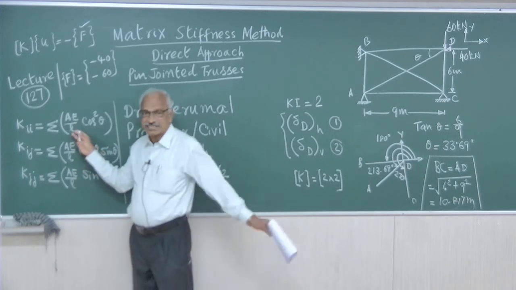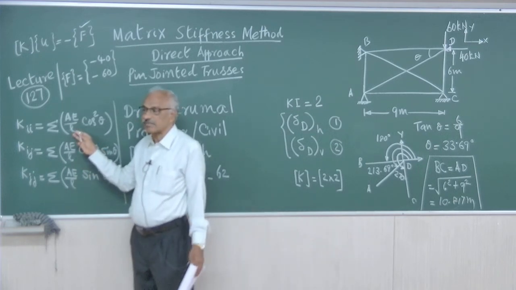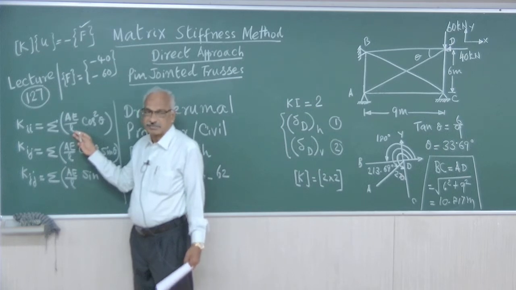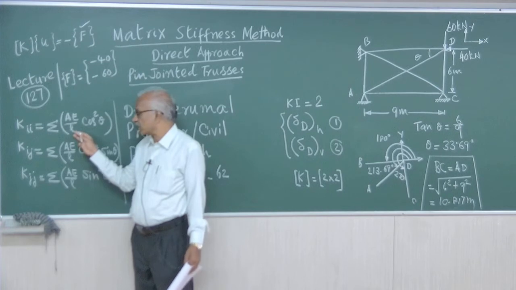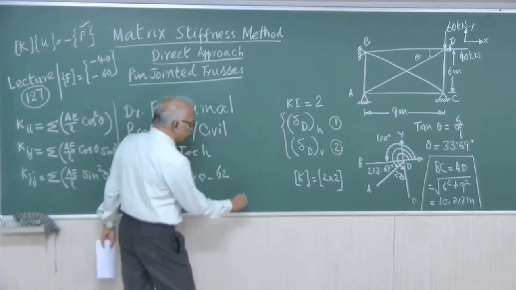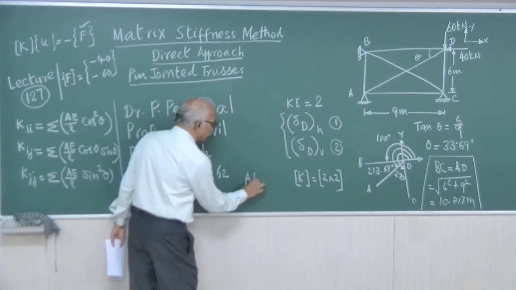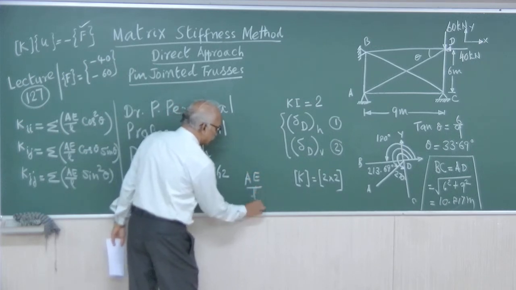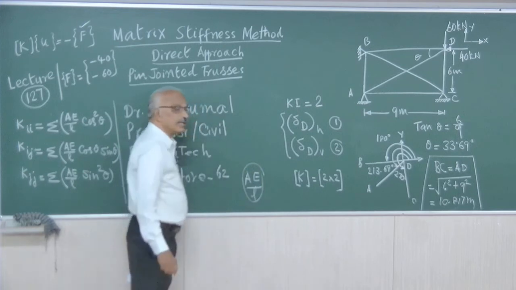Similarly, L is different here, as the truss consists of vertical members, horizontal members and also inclined members. Sometimes, to simplify the calculation, they will give you AE by L the same for all members.